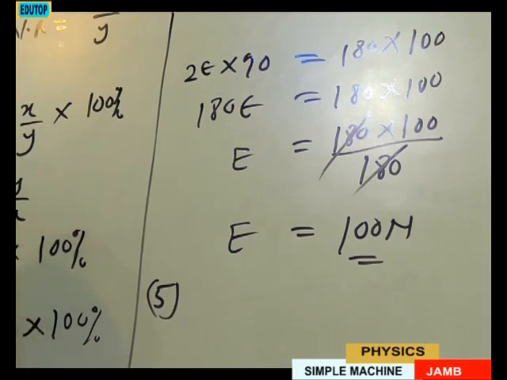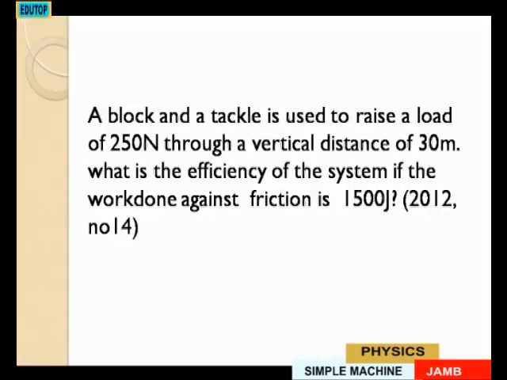Question number 5. A block and tackle is used to raise a load of 250 Newton to a vertical distance of 30 meters. What is the efficiency of the system if the work done against friction is 1,500 joules? The solution goes thus.